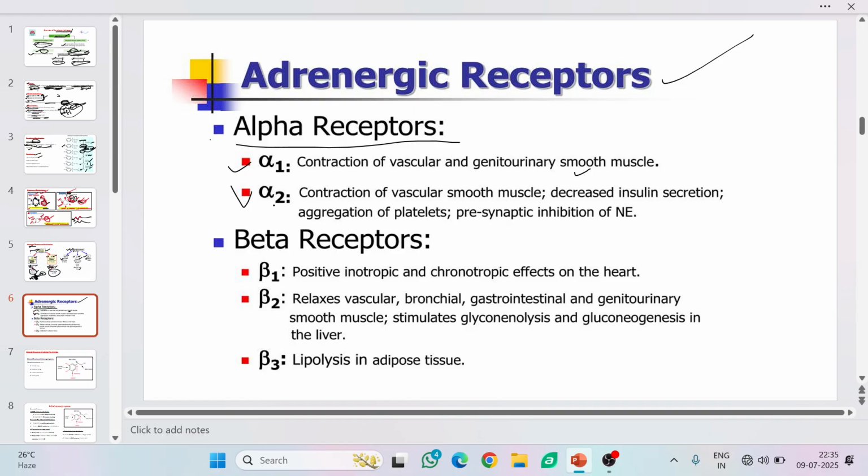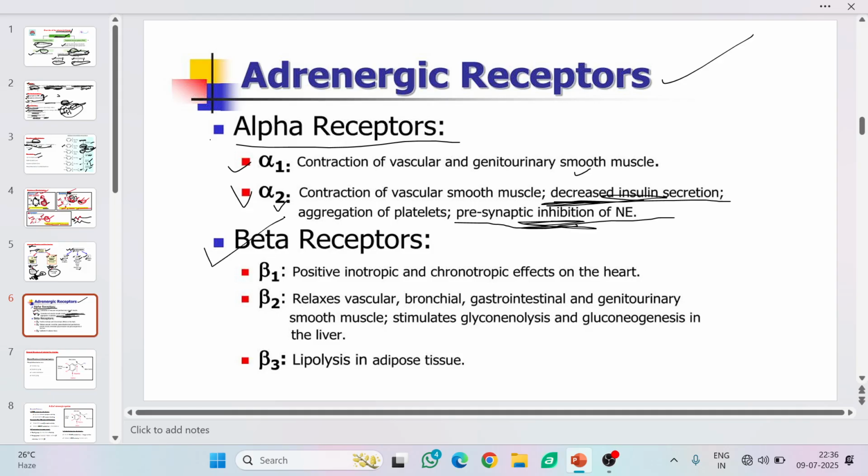Then alpha 2 is of GI type, so its function is inhibitory. Here you can see decreased insulin secretion, then presynaptic inhibition of norepinephrine or noradrenaline. So the major function is inhibitory, or reduction, or decrease in secretion.